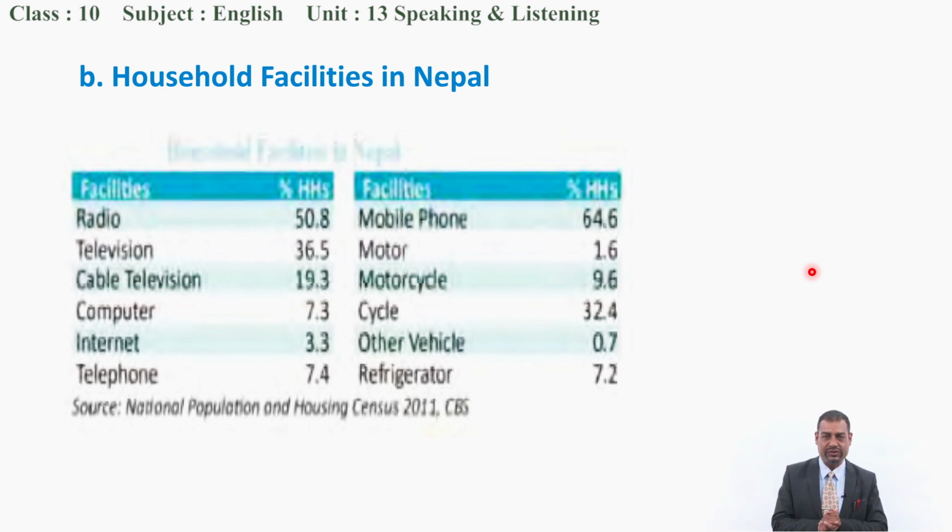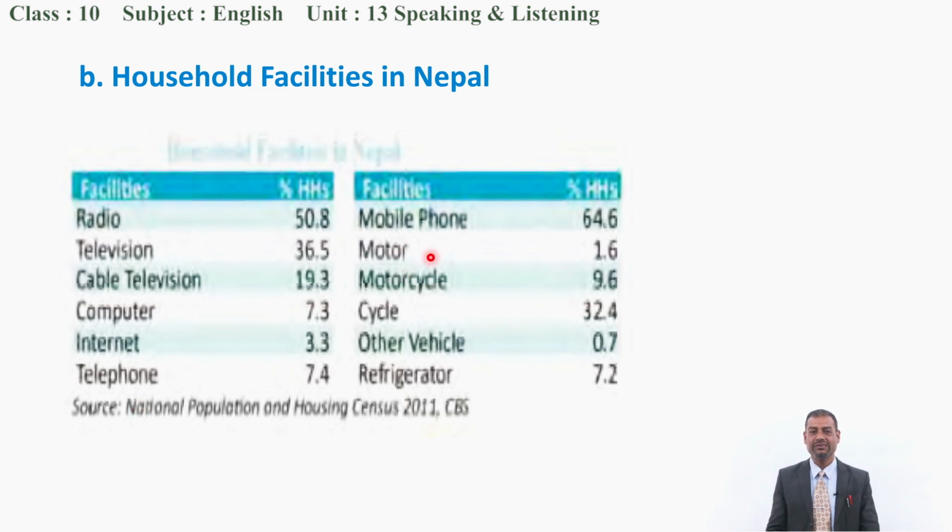Now you have to interpret it. You have to describe it. I just want to listen to you. Okay, start now. Yes, go on. Good, you are right. Yes. And now finally, what about telephone? Good.